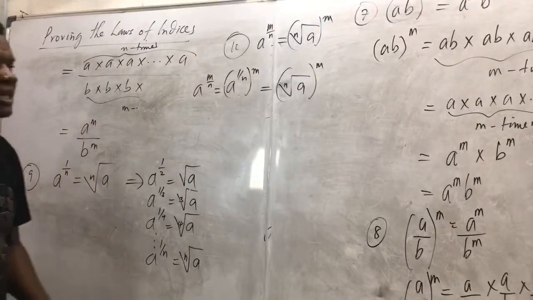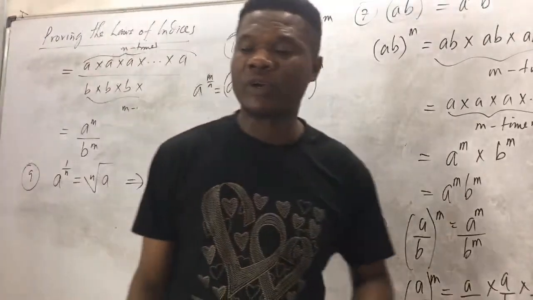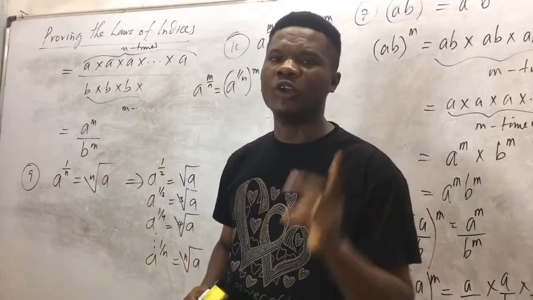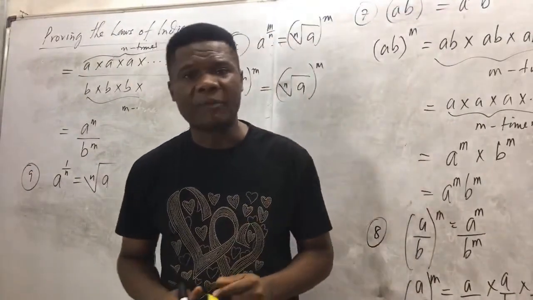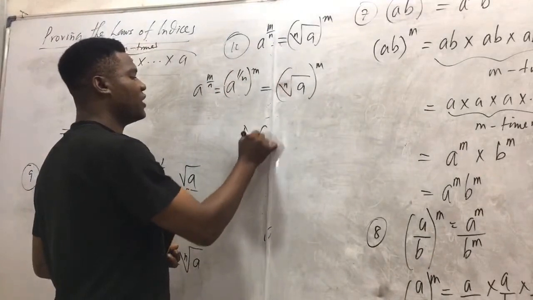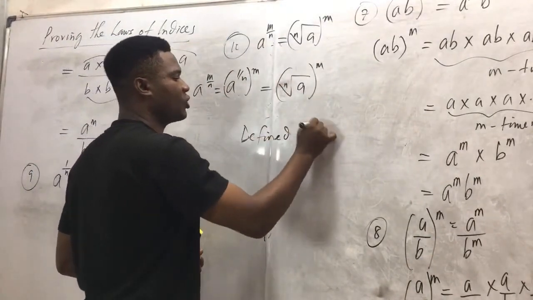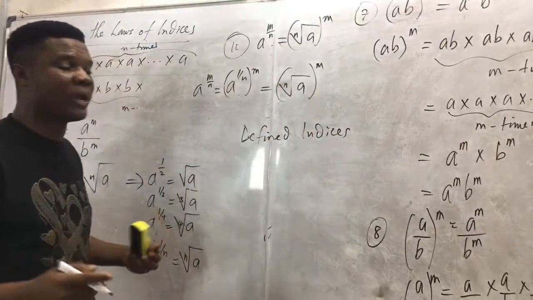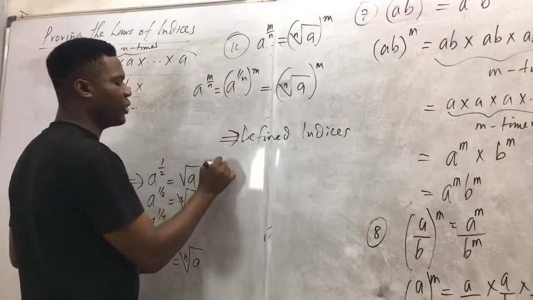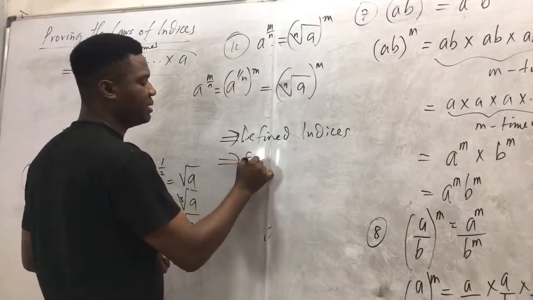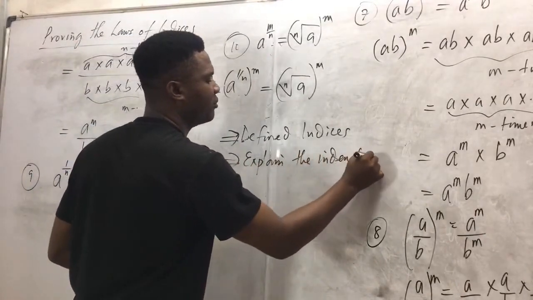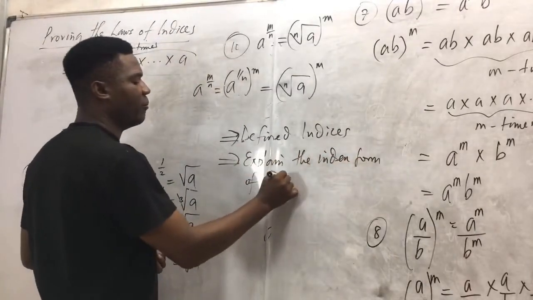Okay? So that being said, please go over my video from start to finish. It was a nice time having you guys watching this video on the laws of indices. A quick recap over what we've done. We started our class by defining indices, where we answered the question, what is indices? We went on to explain the index form, or index notation, of a number.